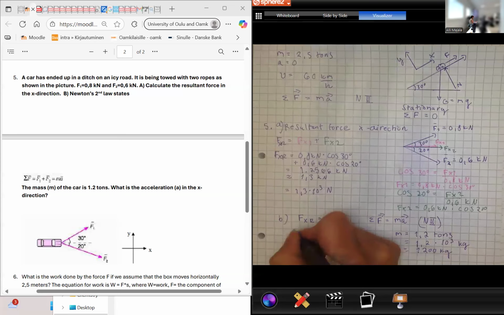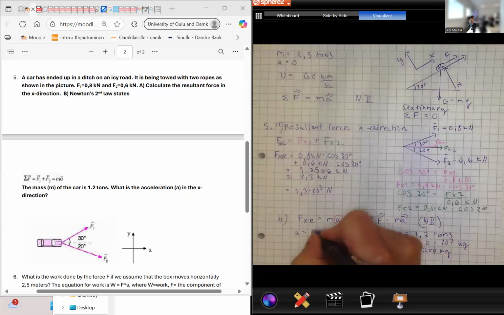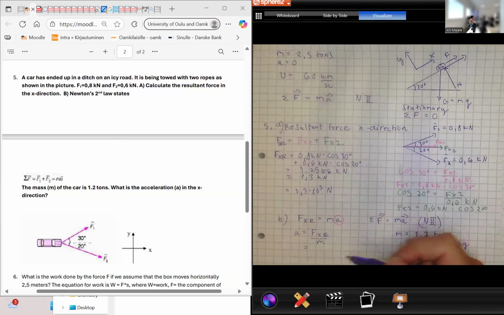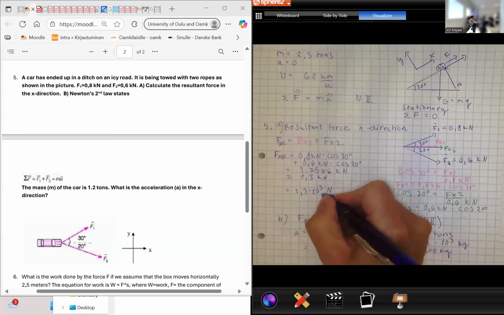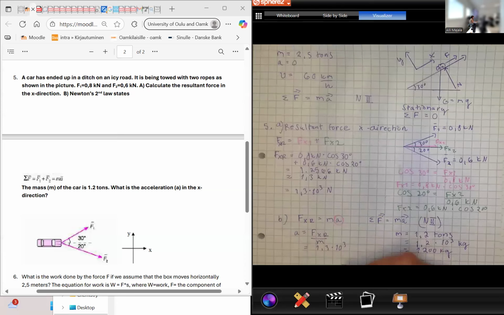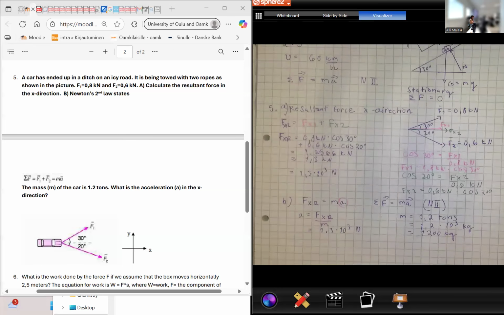Obviously, we would be dividing by the mass. We just have to have everything in SI units. So the force was this one. I could also write it with the zeros, but whatever. I just put there times 10 to the power of 3, because kilonewton is not an SI unit, but the kilogram is.